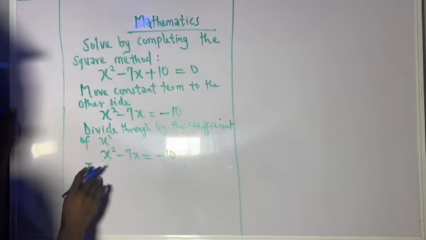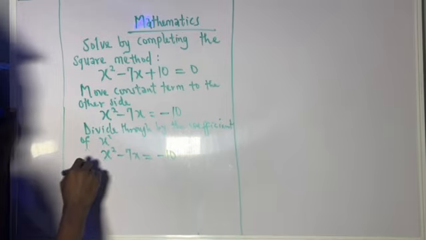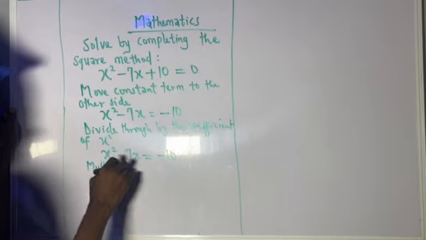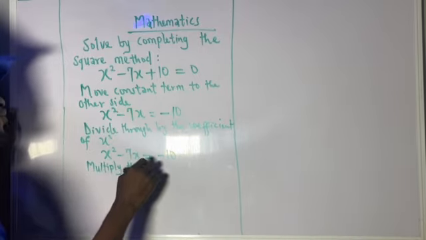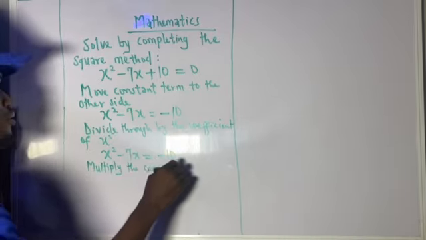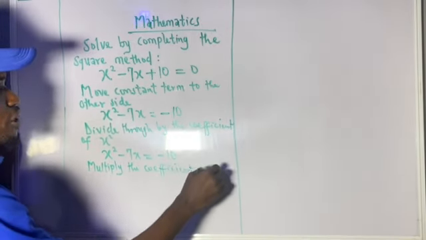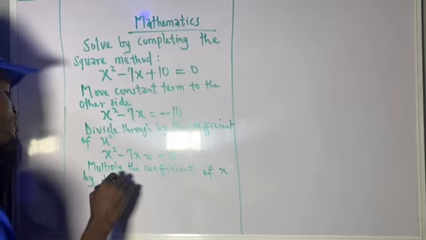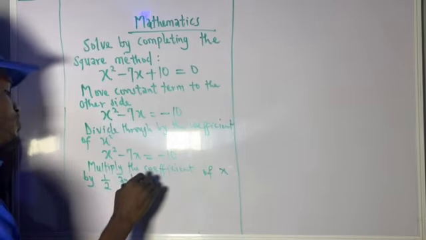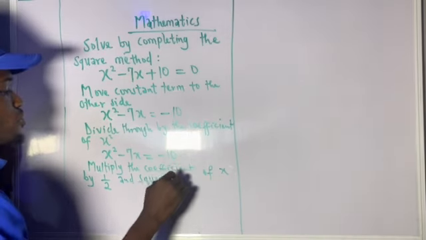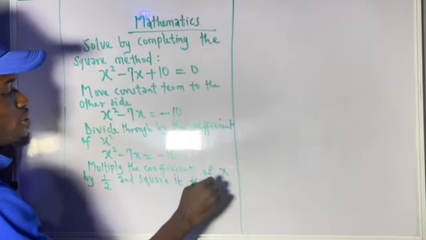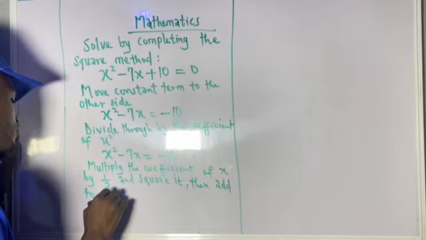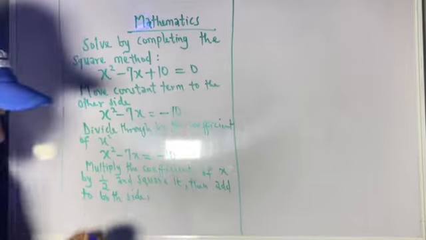Multiply the coefficient of x by half and square it, then add it to both sides. So that's the next step to take.